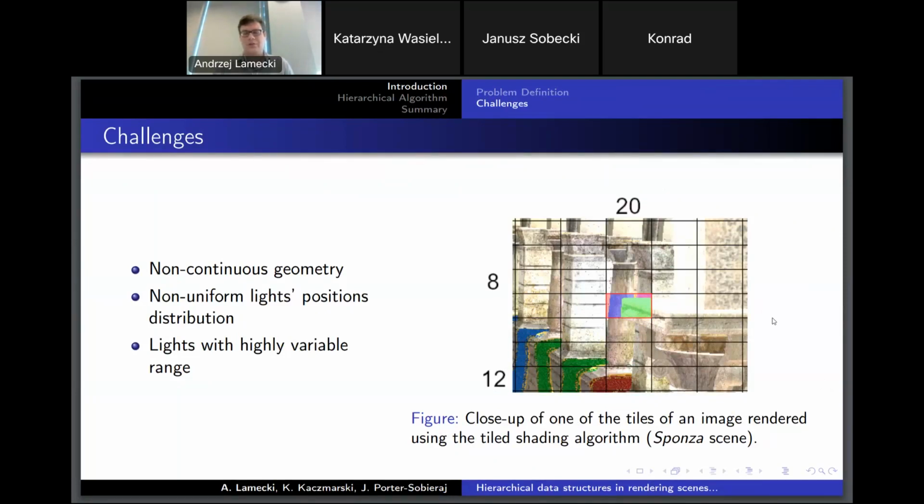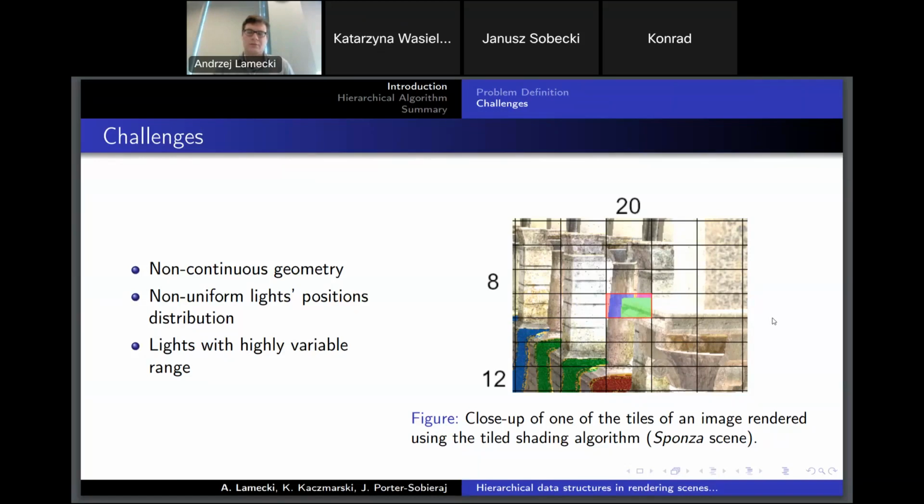The non-continuity of geometry in a cell is a problem because if objects are in a different distance from the camera, they are unlikely to be affected by the same set of lights. So if we have a set of lights assigned to a cell, then we will have to process a lot more lights than necessary. The obvious solution is subdividing the cell into smaller ones.